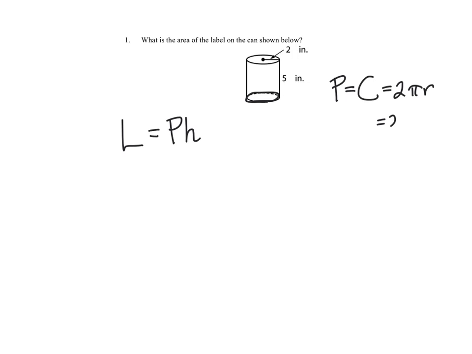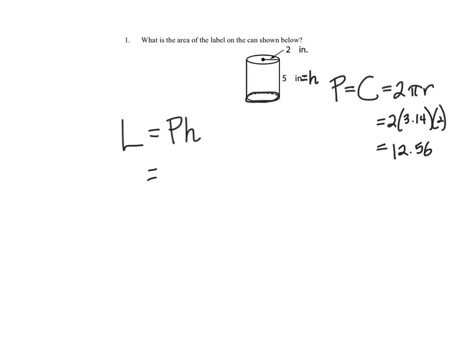If we multiply 2 times 3.14 times 2, the answer will be 12.56. That is the distance around the base. The height is 5.